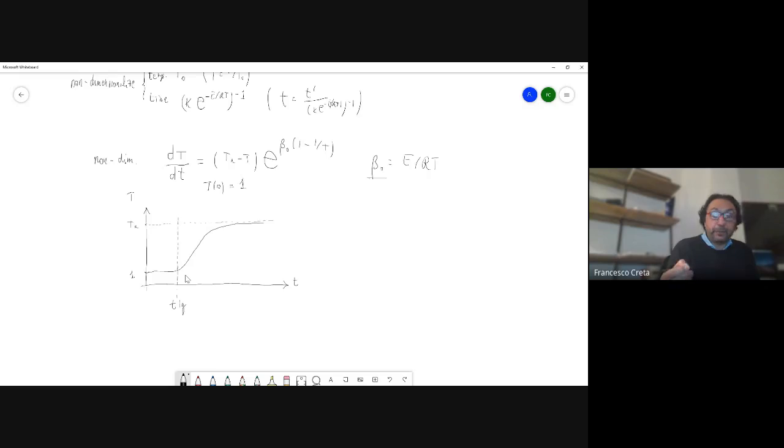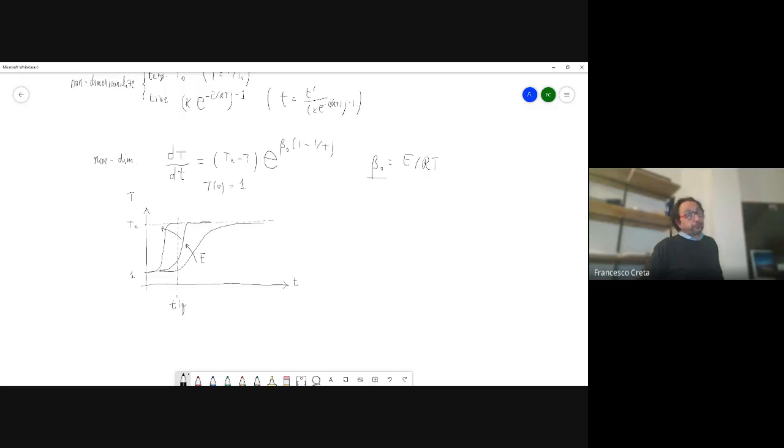Now, if E is increased, what you actually have is that, when you increase E, the behavior is a situation where the ignition time decreases, and you have a steeper and steeper, or a faster and faster reaction.